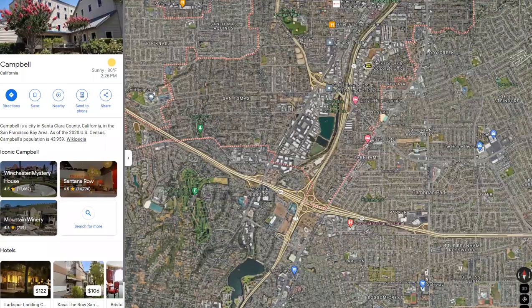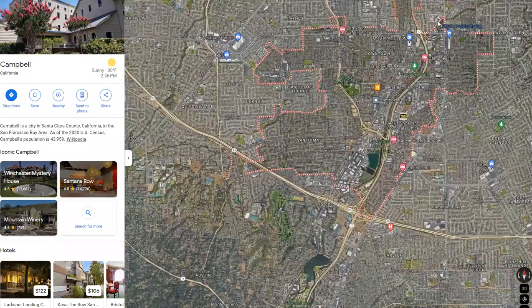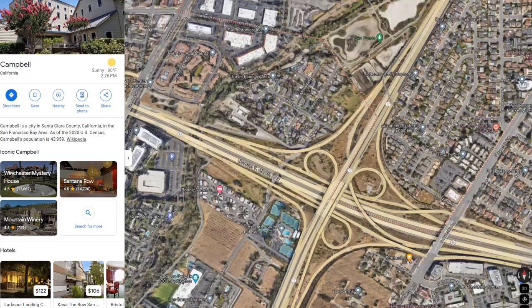And this is where I actually started my career, working at a landscape firm right about here. I spent a lot of time on Highway 17 to 85 for about 7 years. I lived in South San Jose, so this is the way I would get home, and I spent a lot of time looking at this area.